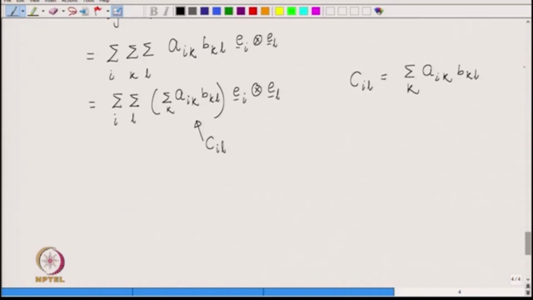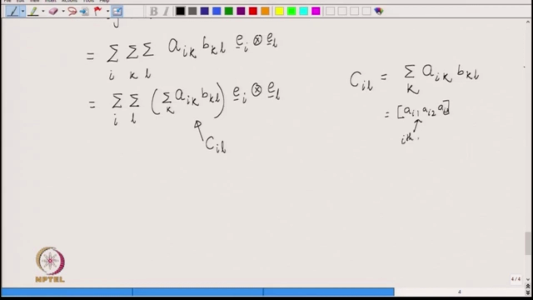And can you see what this is really? We take the ith row of A, A_i1, A_i2, A_i3.